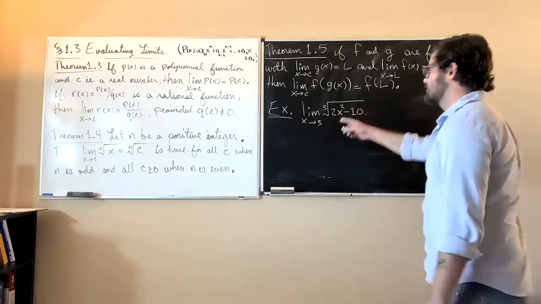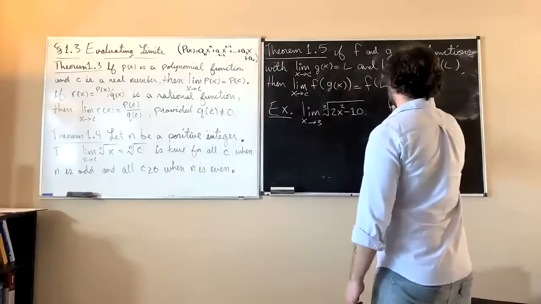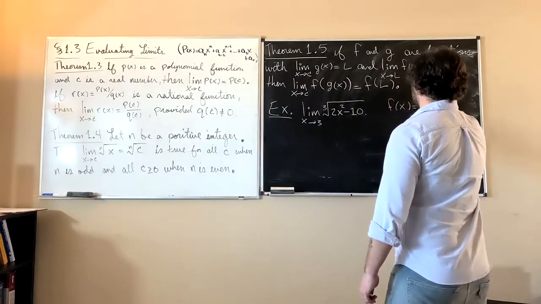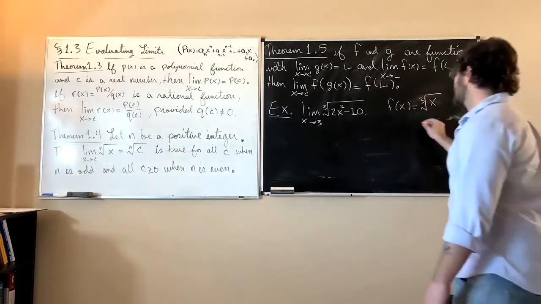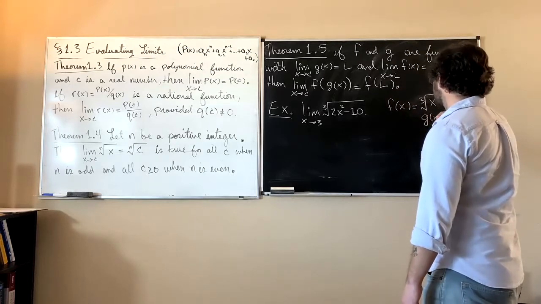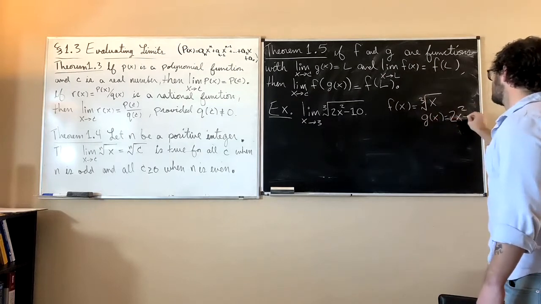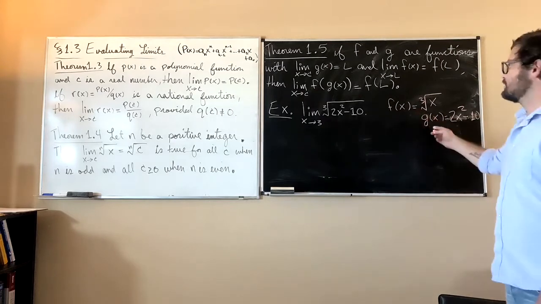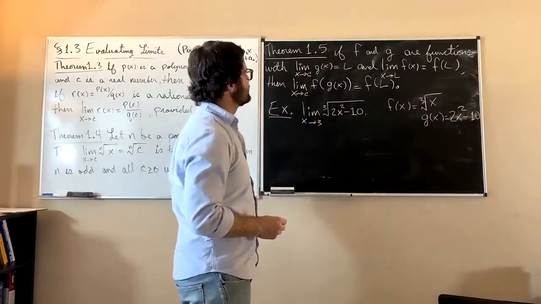This is a composite function, right? So f of x is equal to the cube root of x, and g of x is equal to 2x squared minus 10. So f composed with g is precisely this function here. So let's see if it satisfies the conditions.